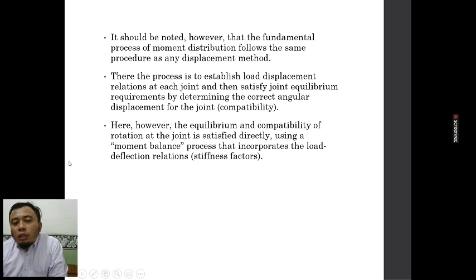To conclude, this method follows the fundamental of any displacement method as we did before, like the force method. So there's a process to establish the relationship between load and displacement at each joint, how much load being applied and how much displacement should be experienced by the member.